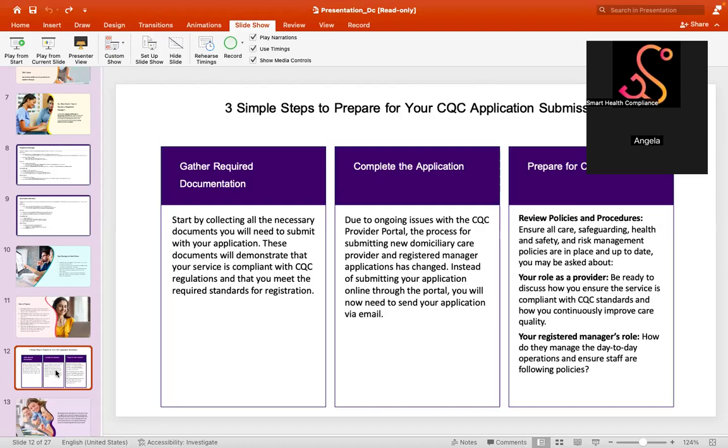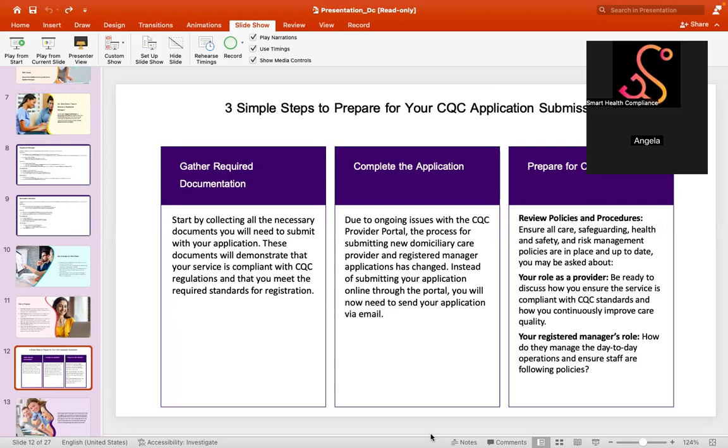The reason for that is because there were many, many issues with the CQC portal. A lot of people were unable to submit. There were internal issues where things were being rejected, returned, and the process wasn't really good with the CQC. So they paused on the applications via the portal. So for now, it's recommended that you do the application via the paper forms you can find online and you submit the application.